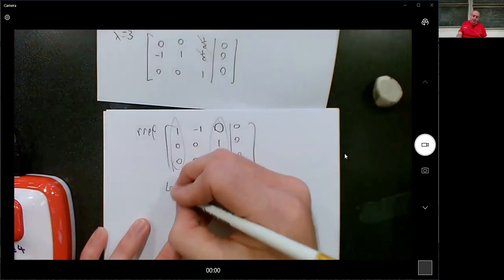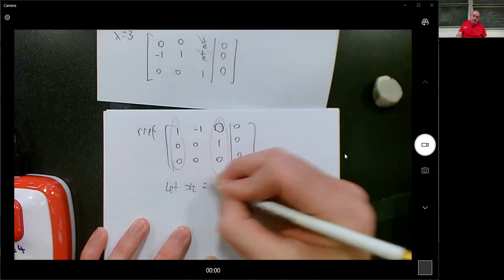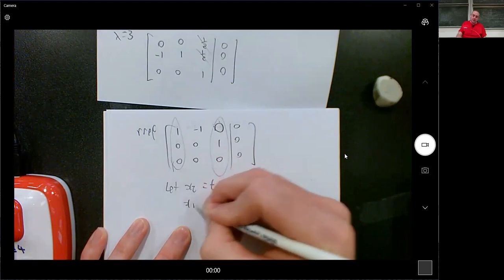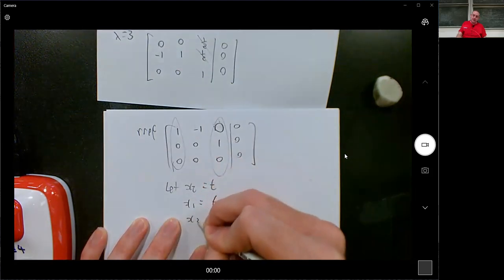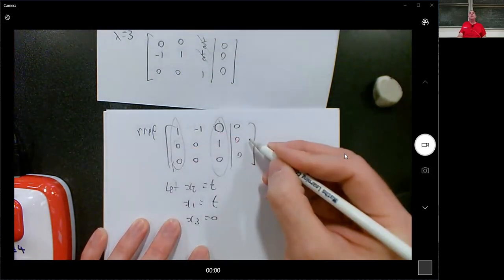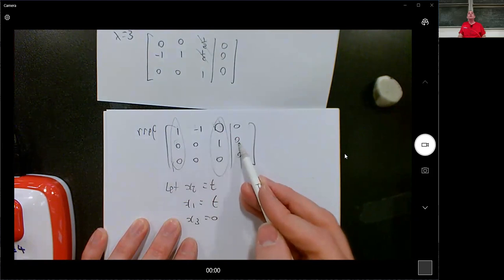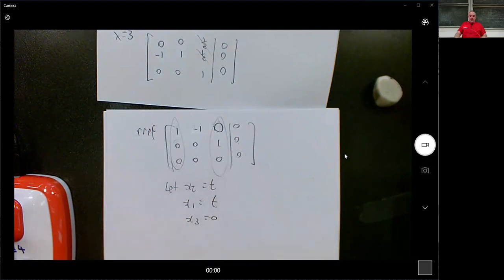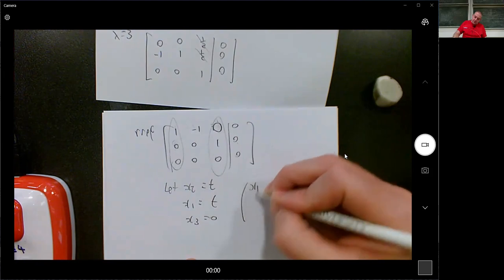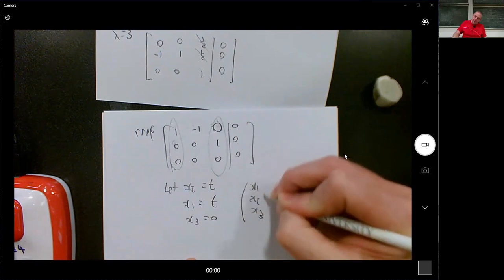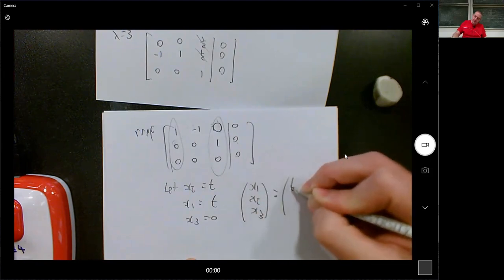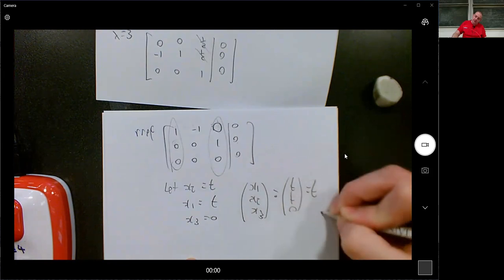I'm going to let x2 be equal to t, and so x1 will also be t, and x3 will be 0 because that's what this row says. So it's no x1s and no x2s, and 1 x3 equals 0. So x1, x2, x3 is t lots of 1, 1, 0.